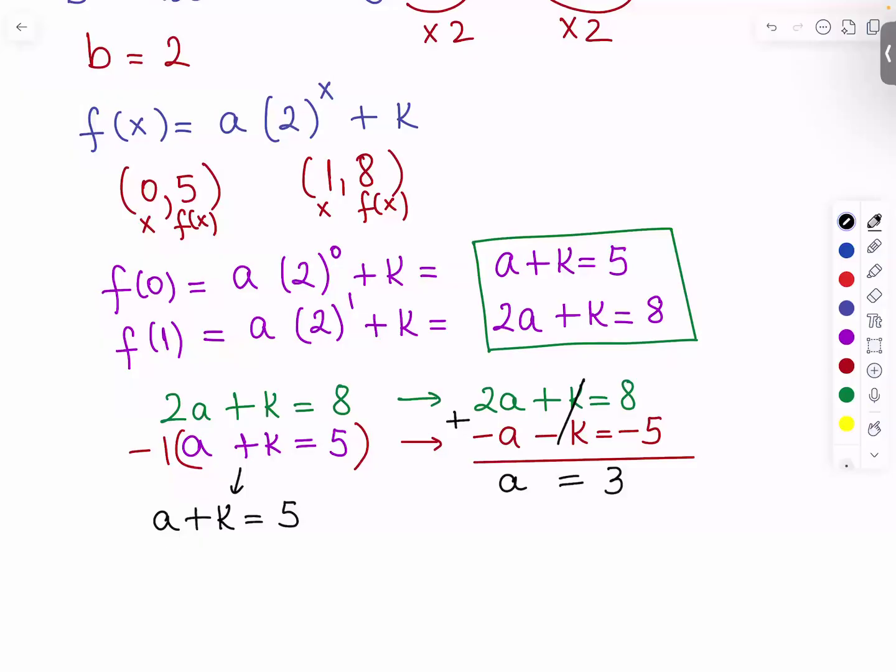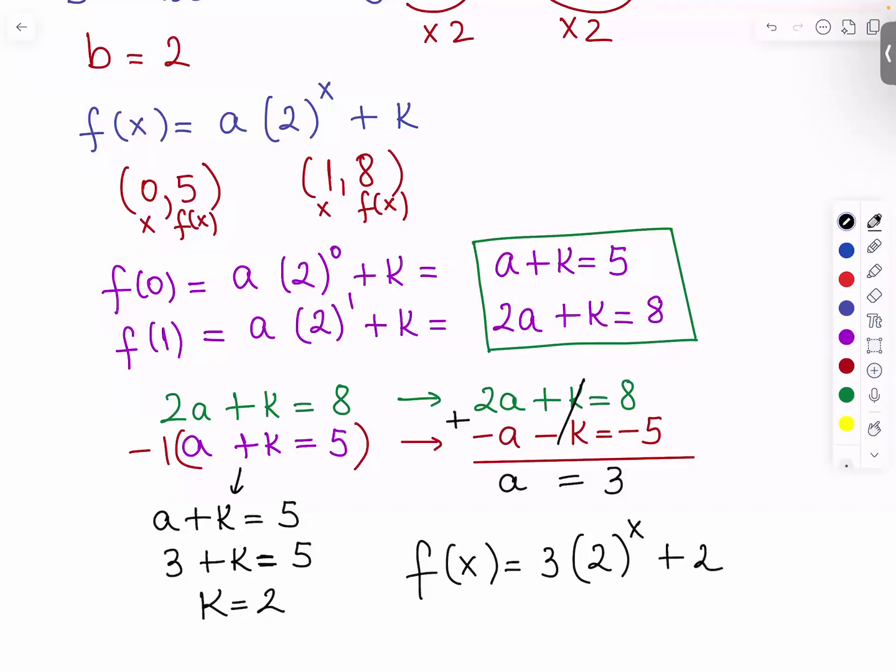And then if we substitute a with 3, we can see that our k is 2. Now we're ready to build up our function. F of x equals 3 times 2 to the power of x plus 2. And that is our final answer.